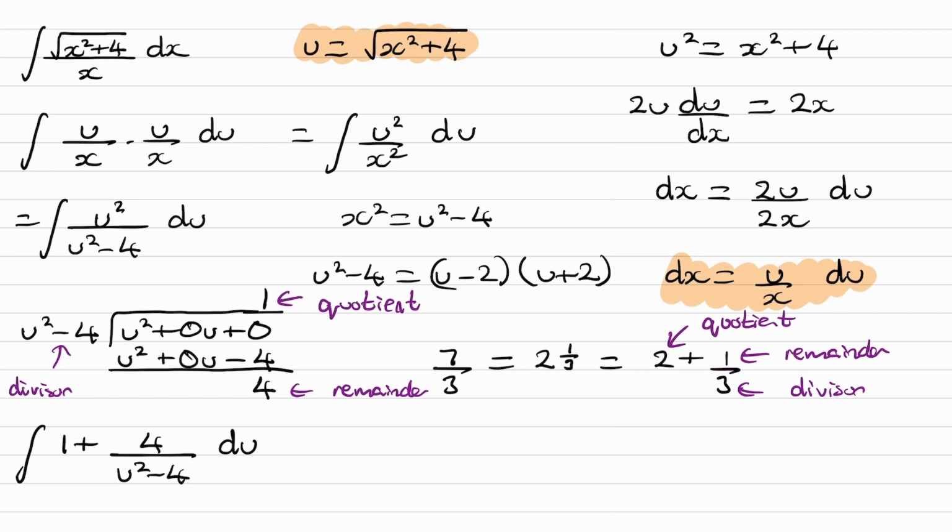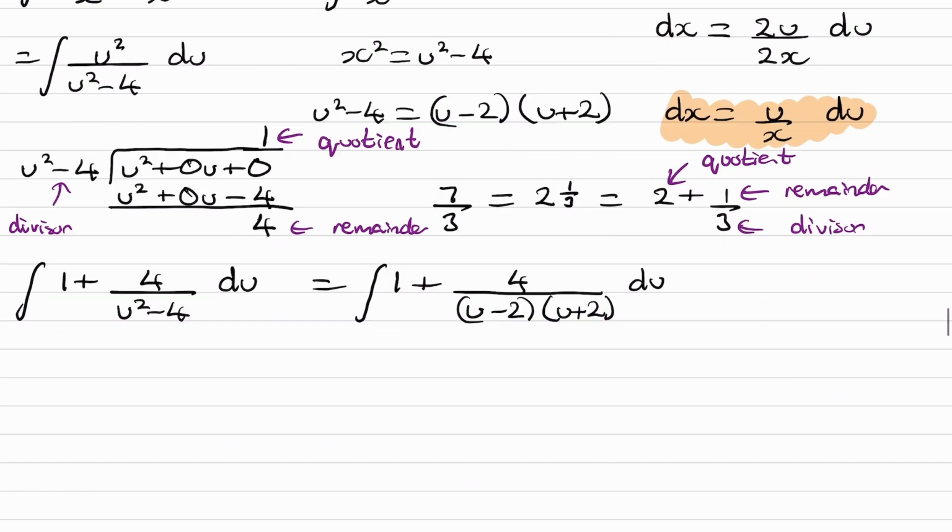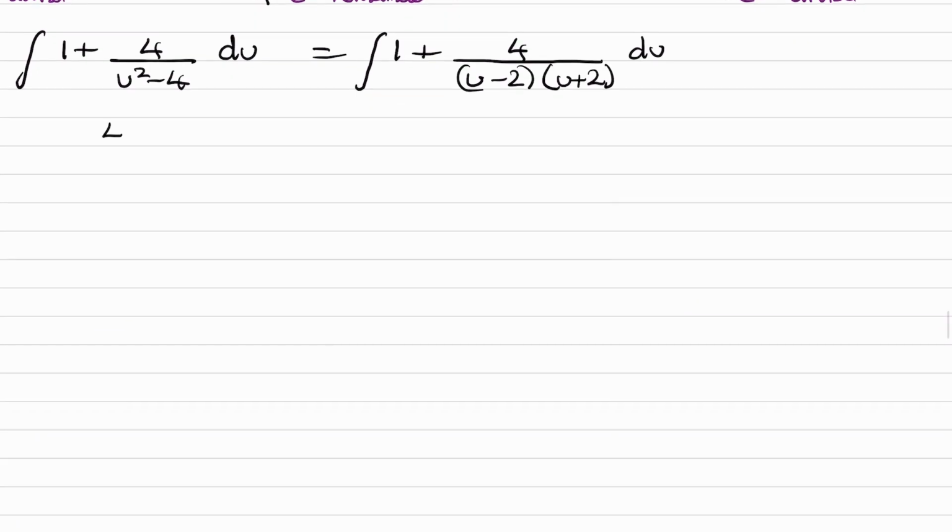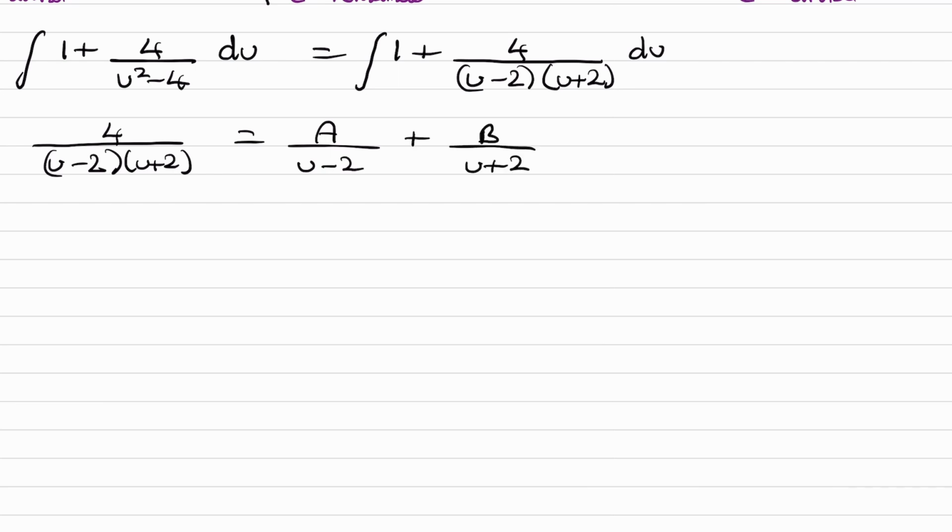Okay, so this is the same thing as the integral of 1 plus 4 all over u minus 2 times u plus 2. Now we can do partial fractions. So 4 over (u minus 2)(u plus 2) is the same thing as A over u minus 2 plus B over u plus 2.